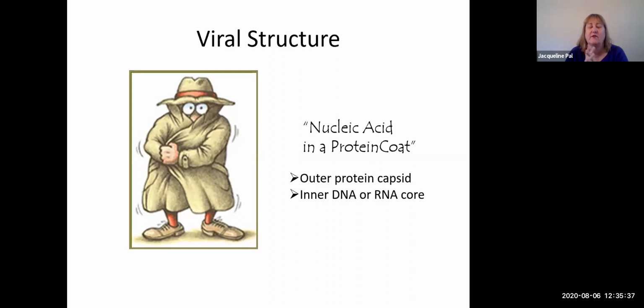But first, what is a virus? A virus, basically, in its most simplistic form, is a nucleic acid inside a protein coat. That's all that is required. So we have this, what we call a capsid, which is made of proteins, inside of which we will find a nucleic acid. And viruses will either be DNA-based or they will be RNA-based. That's all that's required.